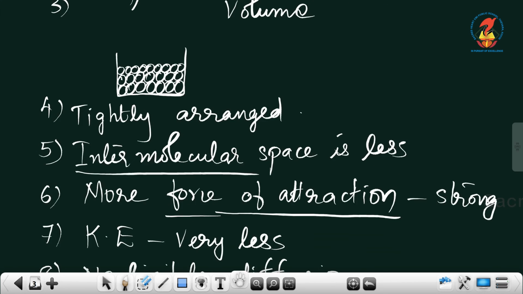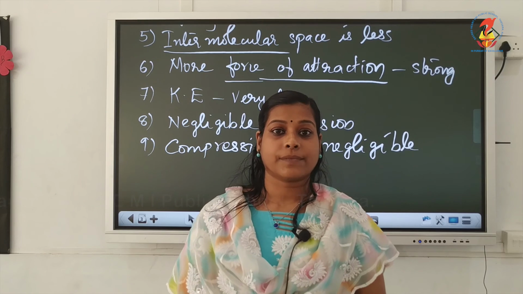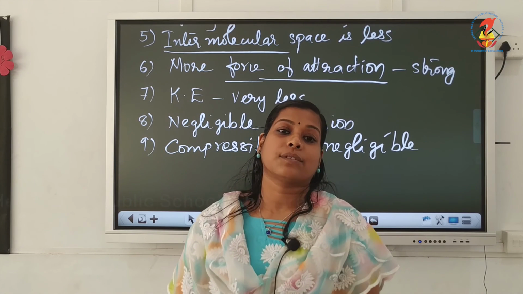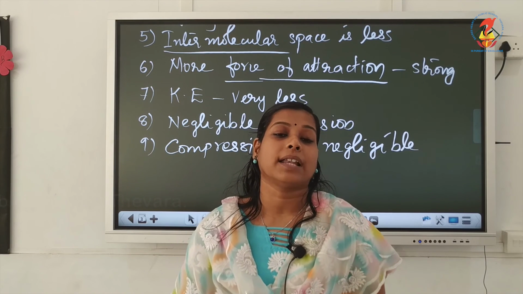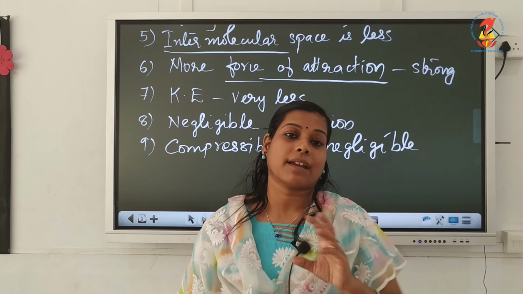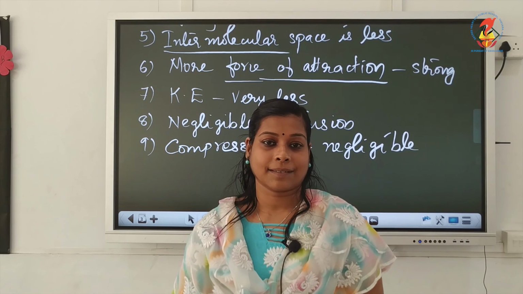So intermolecular space is less, and as the space is less, the force of attraction is very strong, movement is restricted, the kinetic energy is also very less, diffusion rate is very low, negligible, and compressibility is also very low. So I think this much is clear to you, and in the next classes we will see the characteristics of liquids and gases, and after that we can compare all the three states and characteristics. Thank you.